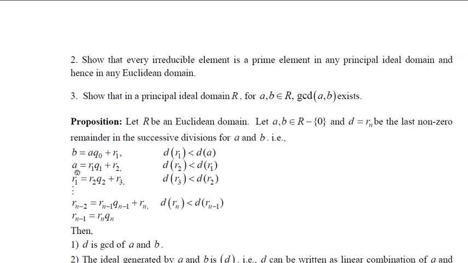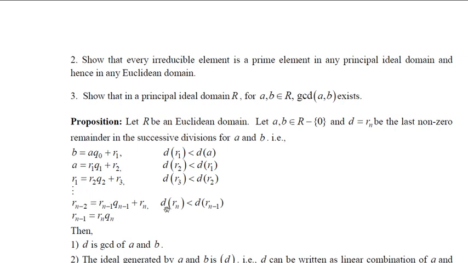Now divide a by r1, where r1 is the new divisor. Then we can write a as r1 times new quotient q1 plus new remainder r2, with d value of r2 less than d value of the divisor r1. Now choose r1 as dividend and r2 as divisor. Then we get quotient q2 and new remainder r3, with d value of r3 less than d value of divisor r2.